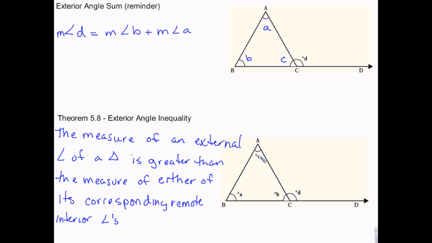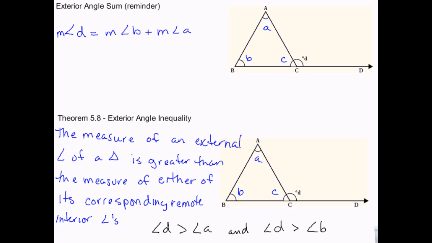Okay, so let's change these again also. Okay, so what this is telling us is that angle D is greater than angle A, and angle D is greater than angle B. Okay, so basically what we have is, if you have an outside angle and the two inside angles add up to equal that outside angle, that means the two inside angles each have to be smaller than the outside angle.